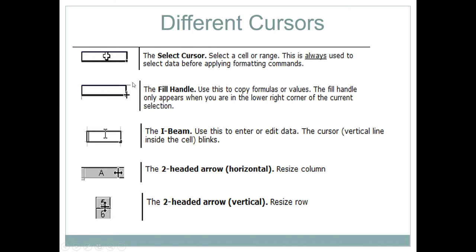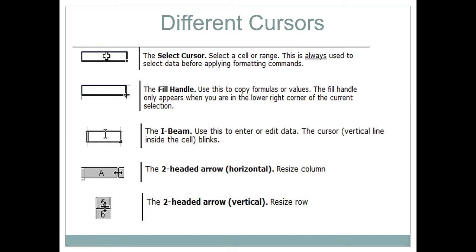Now underneath the select cursor, we have what's called the fill handle, or what I usually refer to as the little black plus sign. Big white plus sign, little black plus sign. We get that little black plus sign, or fill handle, when we point at the bottom right corner of a cell. You can see where I'm pointing, there's a little square, a little box in the bottom right hand corner of the cell.